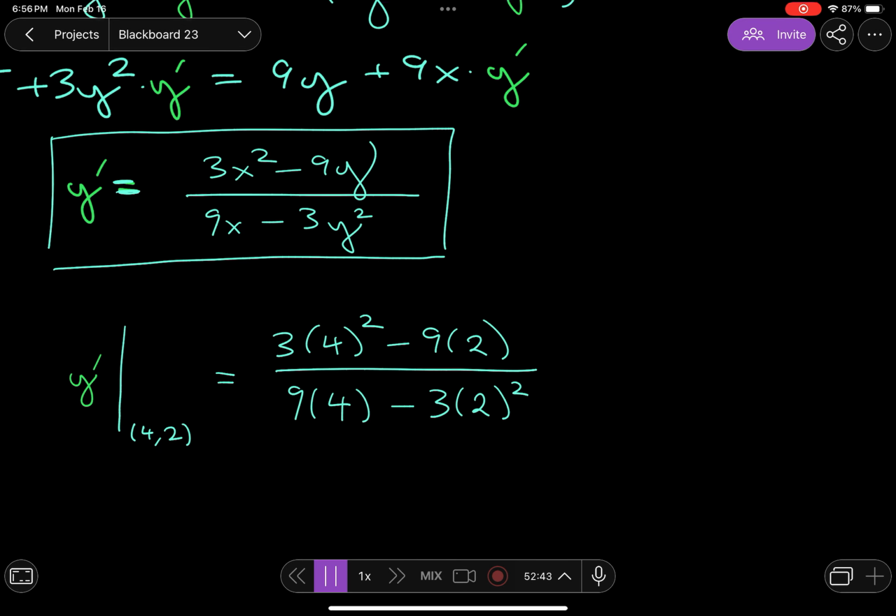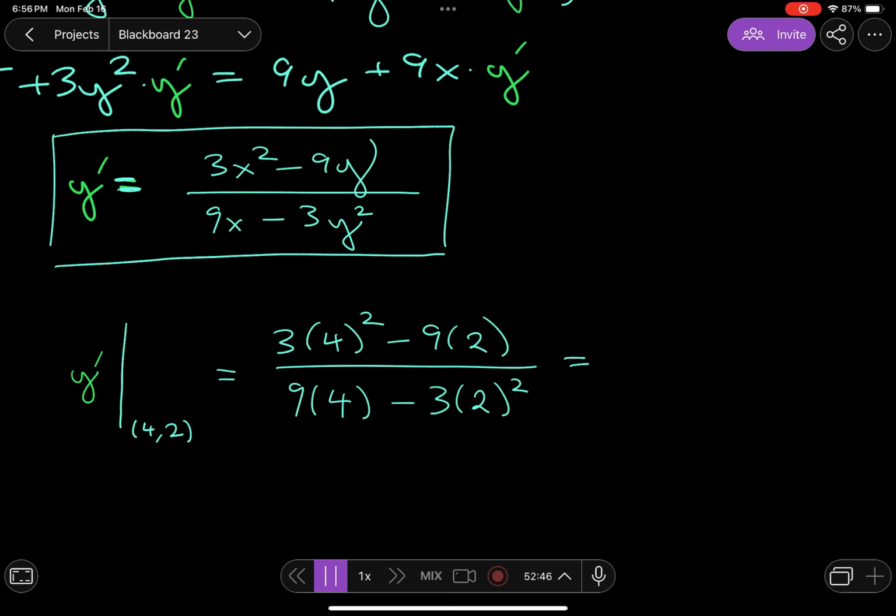Almost something nice happens, but I do see a 2 cancel, so that's going to be, and maybe I shouldn't do it like that. That's probably the worst way to do this.